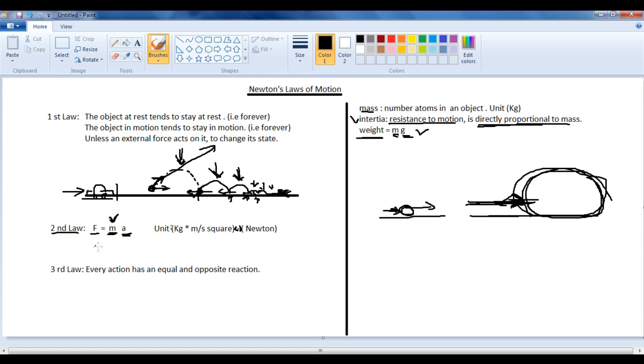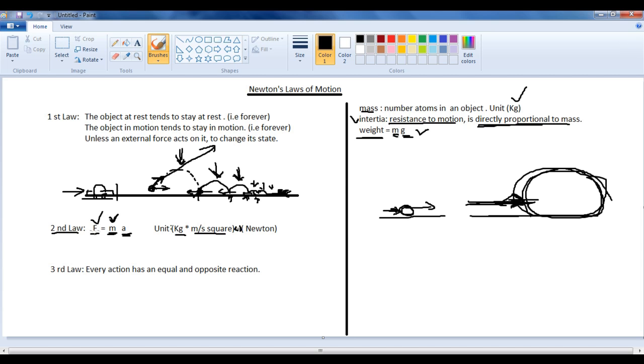That means if you want to move an object, the force should be mass into acceleration to give this much acceleration. Now the unit of force: the unit of mass is kg, which we have seen here, and we also know the unit of acceleration is meters per second square. So kg multiplied by meters per second square is the unit of force.